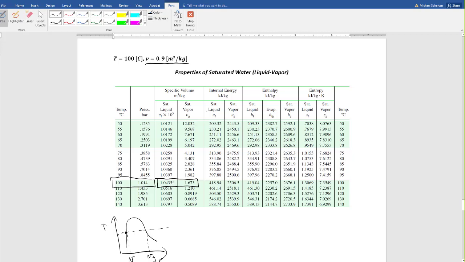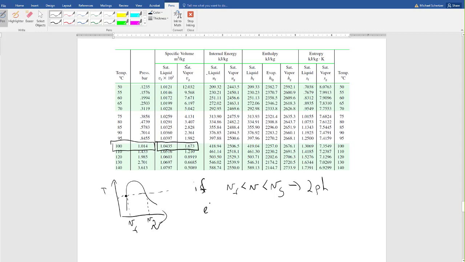I want you to take a second and look at these two numbers and tell me if 0.9 is in between them. Here's my first question: if vf is less than v is less than vg, then this would be two-phase.